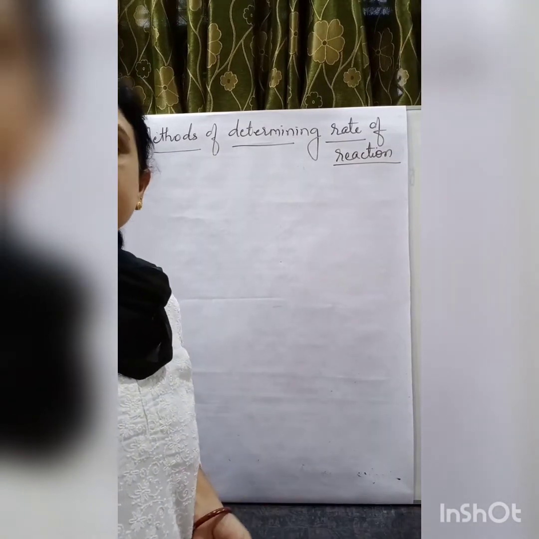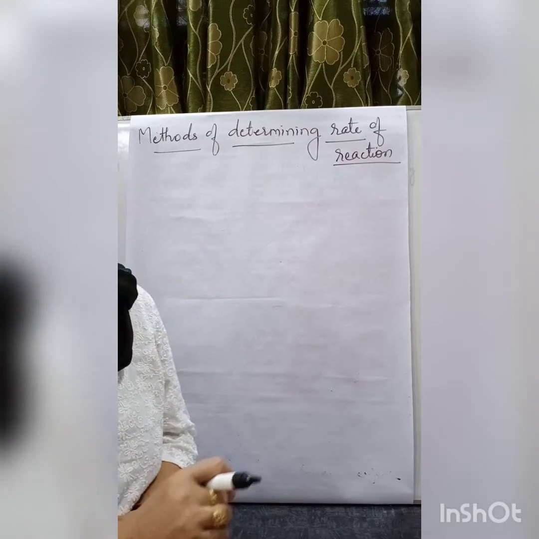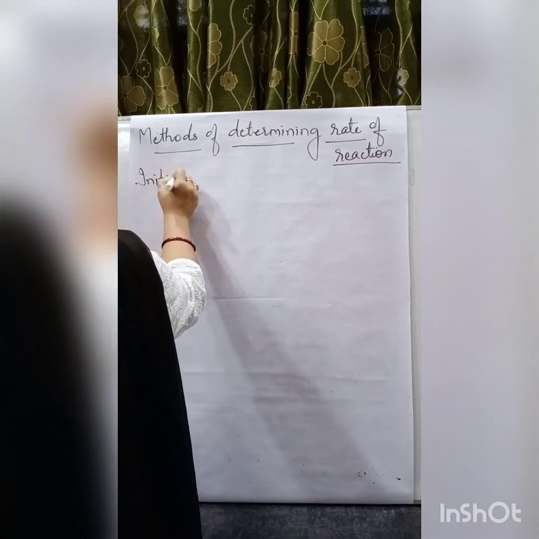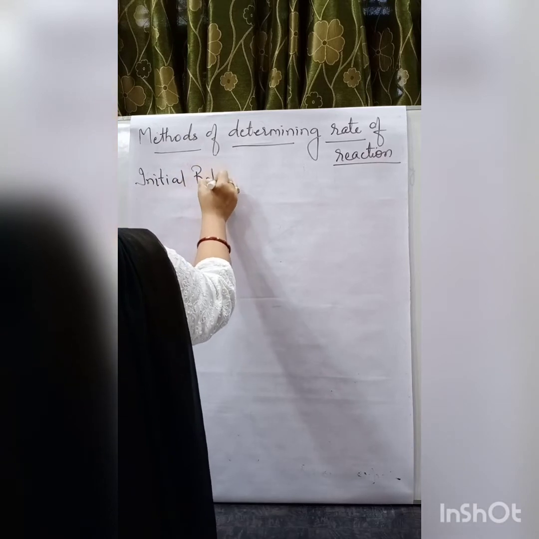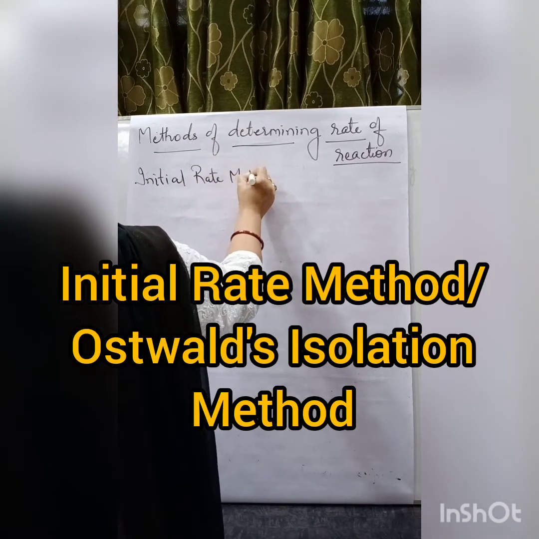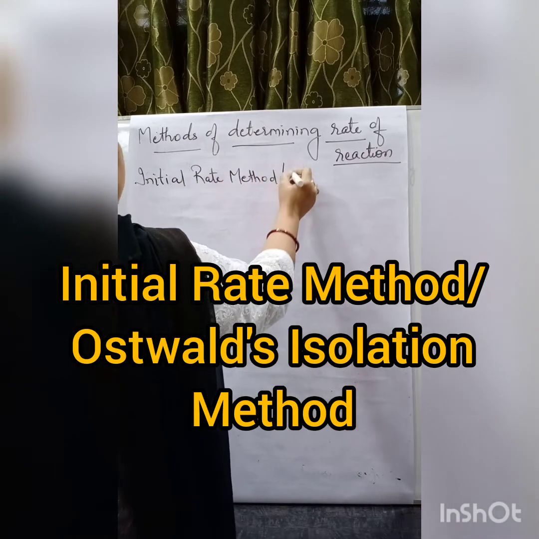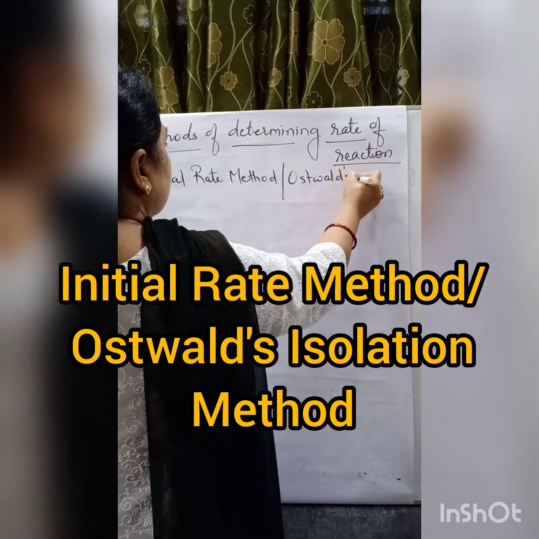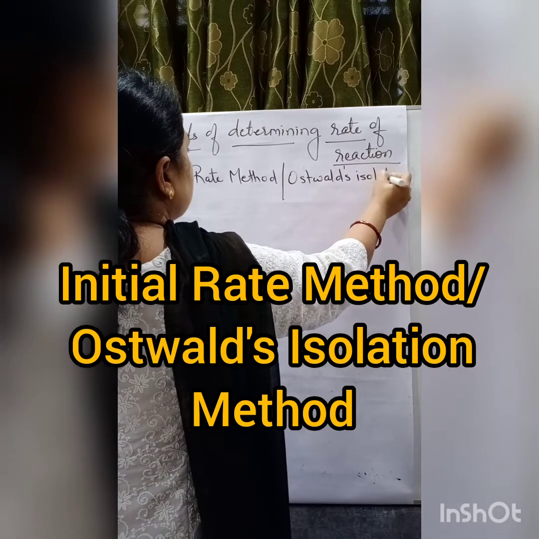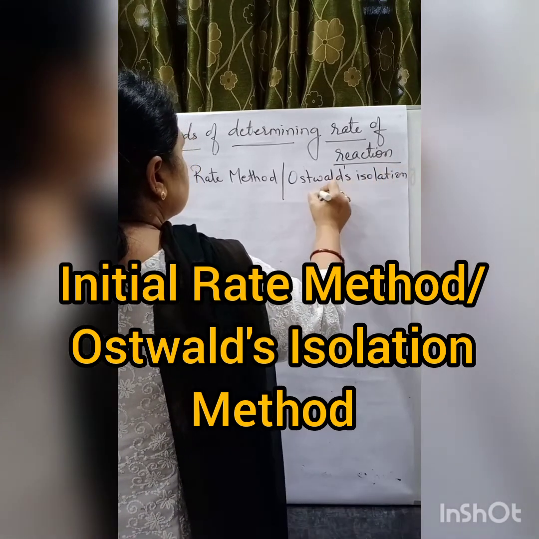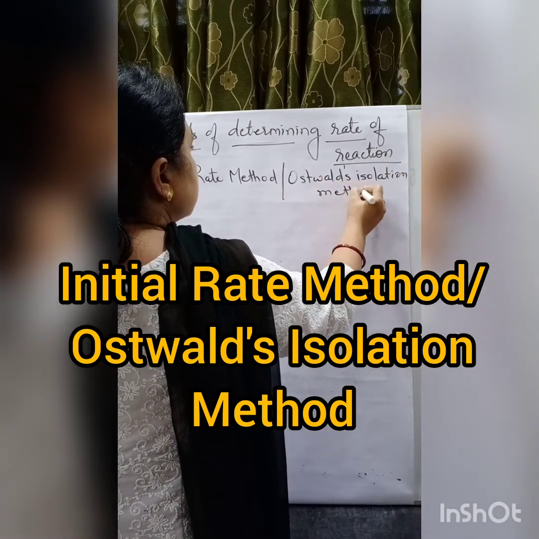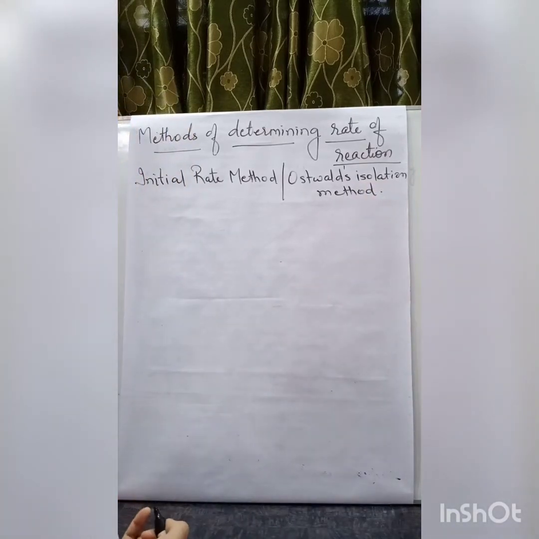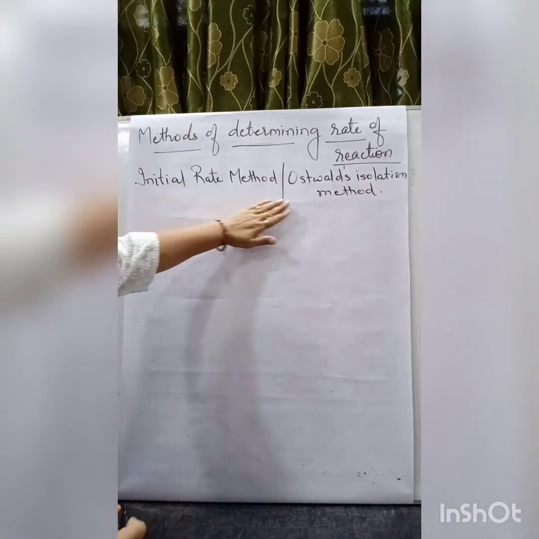Now we move on to the next method of determining the rate of reaction, that is the initial rate method, which is popularly known as Ostwald's isolation method. The name itself is suggesting isolation means you are leaving something, right? Now, when do we use this method?